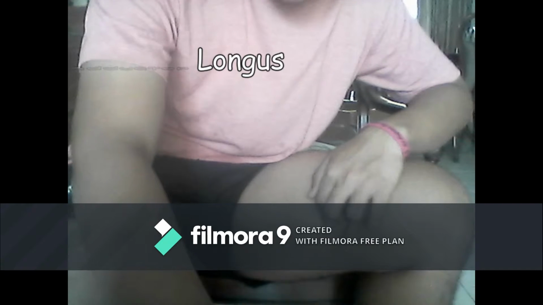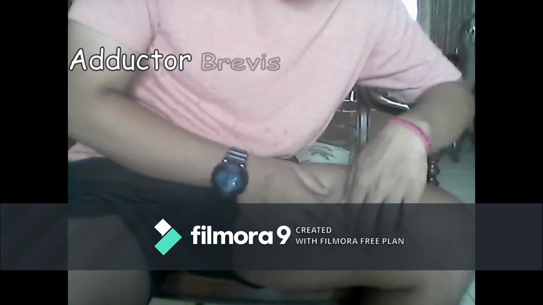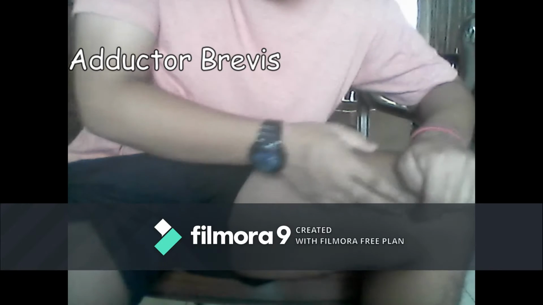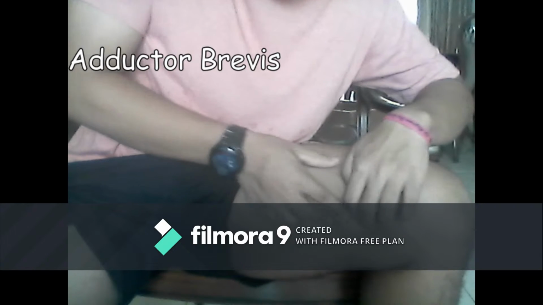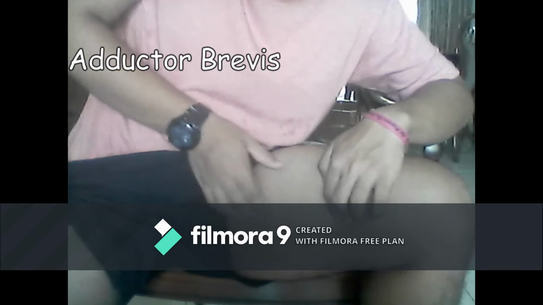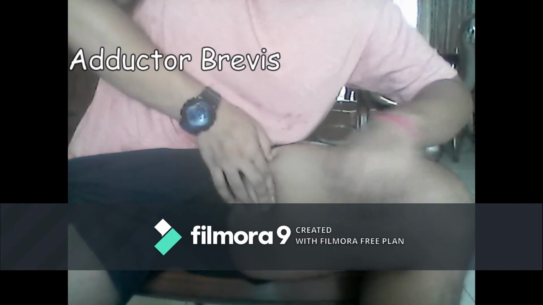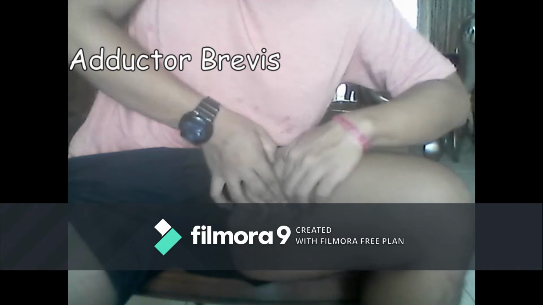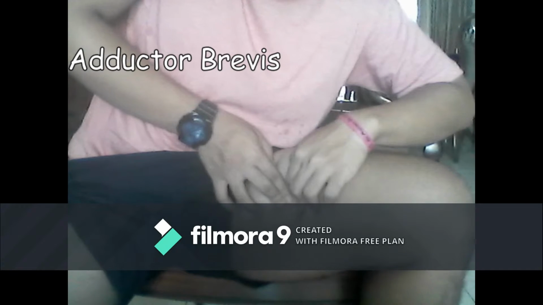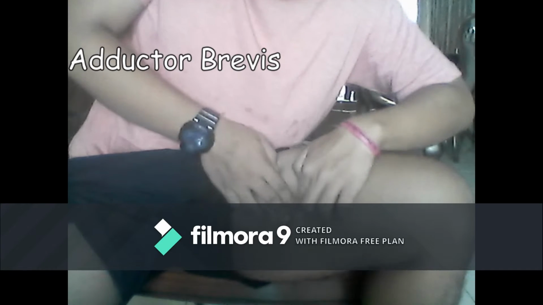And for the adductor brevis, the adductor brevis is harder to palpate because it is directly under the longus and it is very sensitive. So it is under the longus.